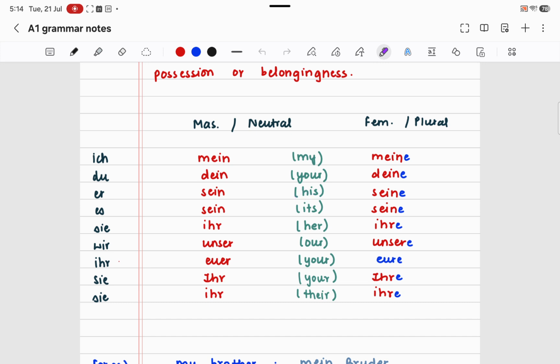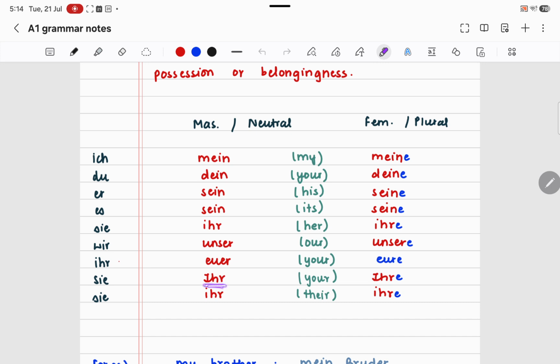His is sein and seine. Its is sein and seine. Her is ihr and ihre. Our is unser and unsere. Your is euer and eure. Your is Ihr and Ihre.